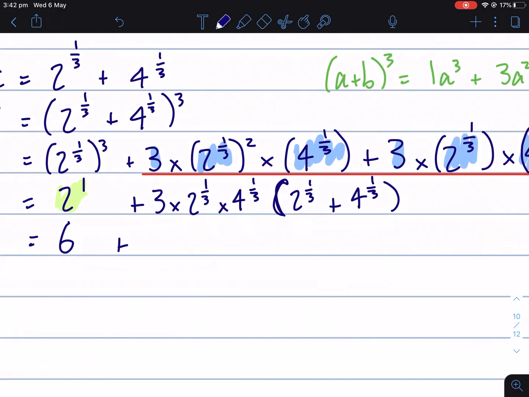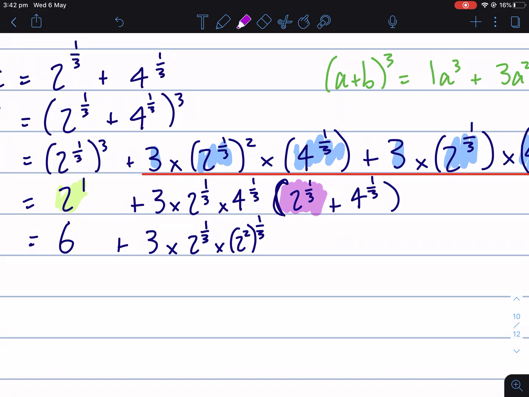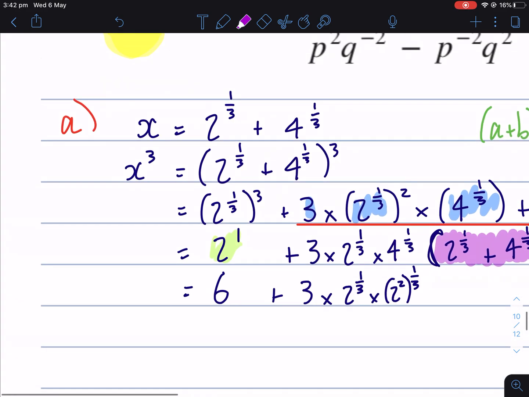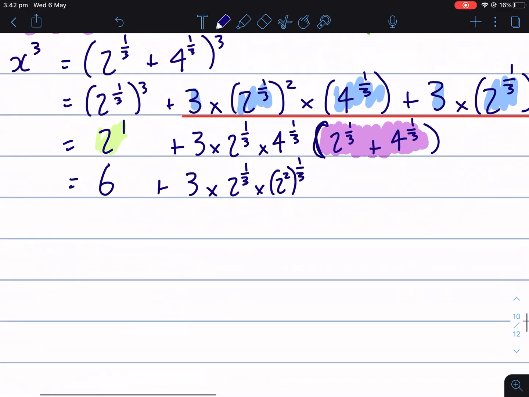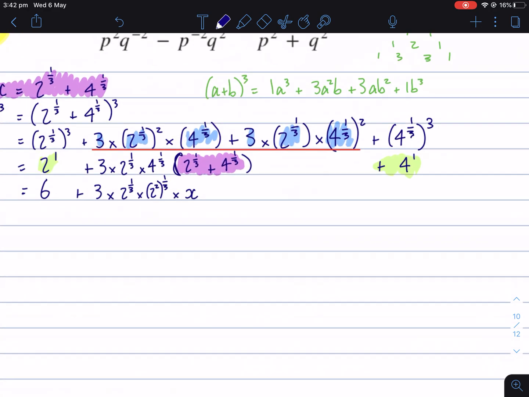Now, this is 3 times 2 to the 3rd times, now 4 is 2 squared to the 3rd. And this thing here is the same as x. Yeah? So I'm going to replace it with x. Mostly because the answer has x in it.